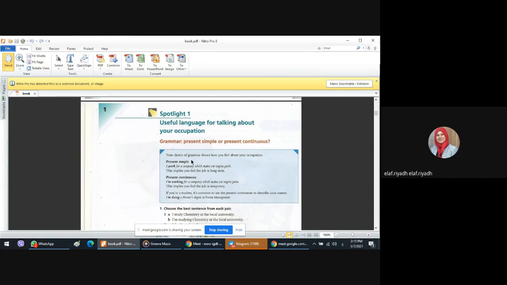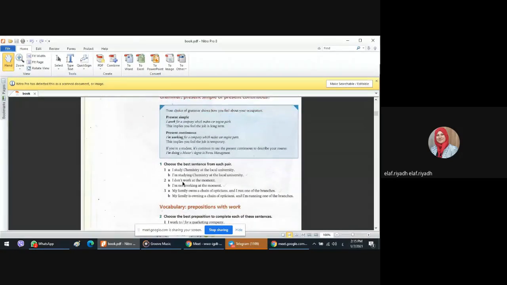If you want to speak about your current work, you should use what? Present continuous. Both should be used in order to express your work or your job. Here we have the rules, which should be memorized by the students.